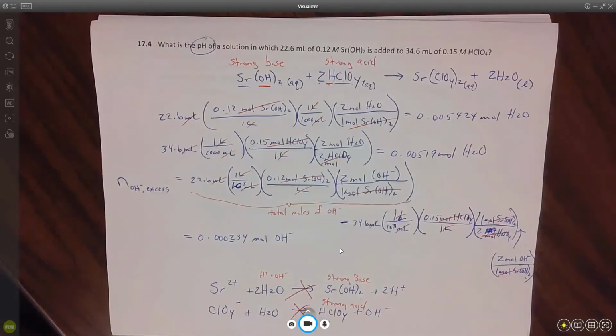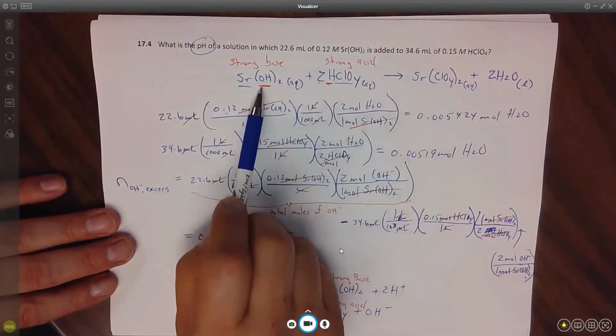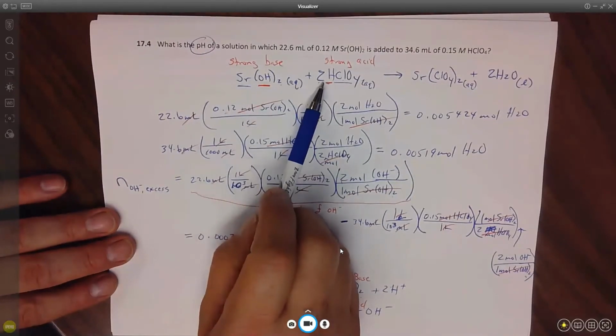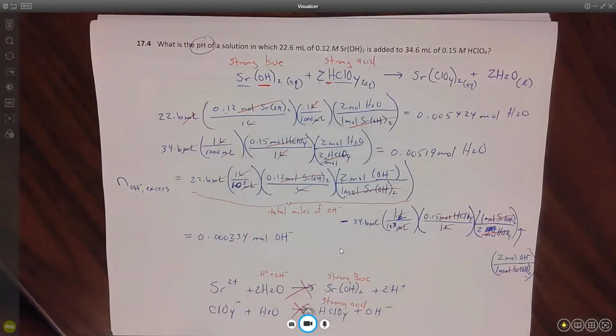Now, the only issue with the net ionic equation is that you're going to have H plus OH minus go into water. And you would have to remember to take into account the fact that there's 2 hydroxides for strontium and only 1 H plus for perchloric. So you got to be careful with that.